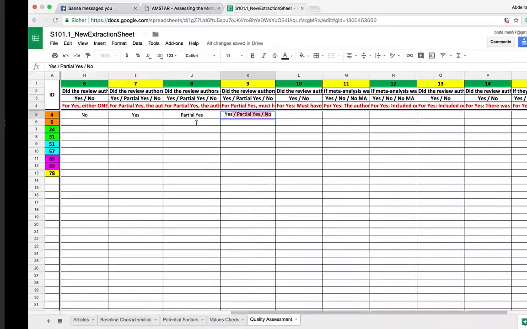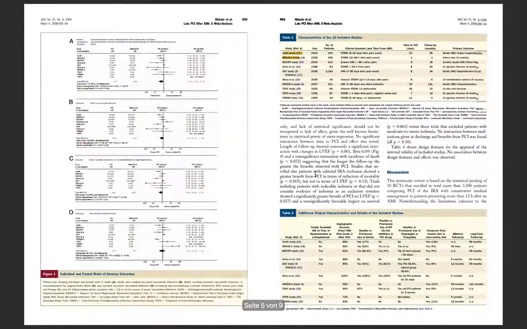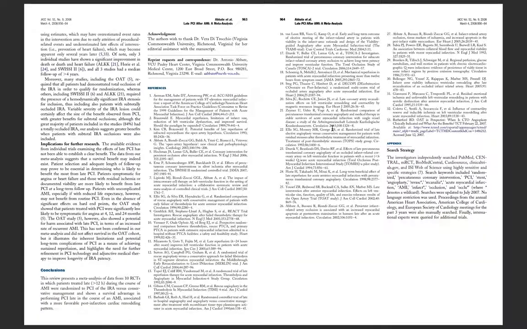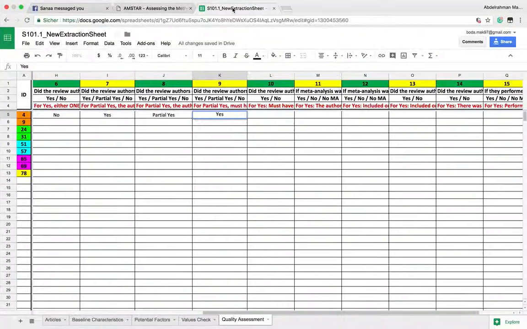But let me check for the table. This is a good one. Okay. Nothing else. So I'll say partially yes. They didn't provide all the data for it.